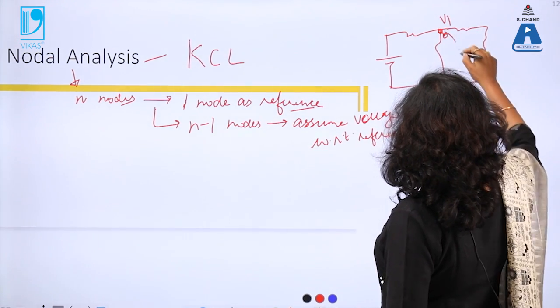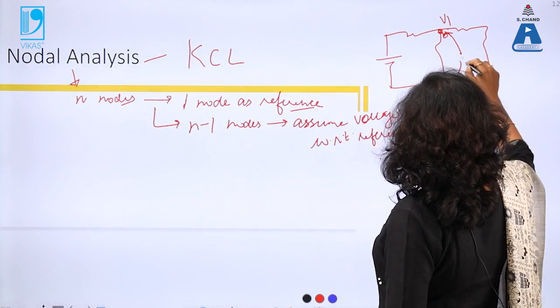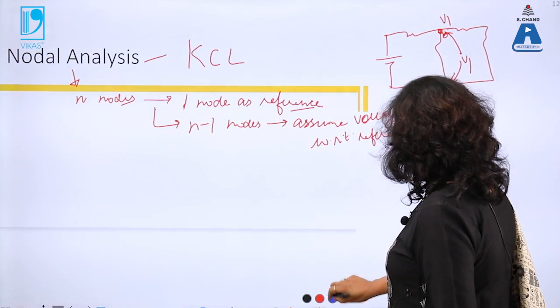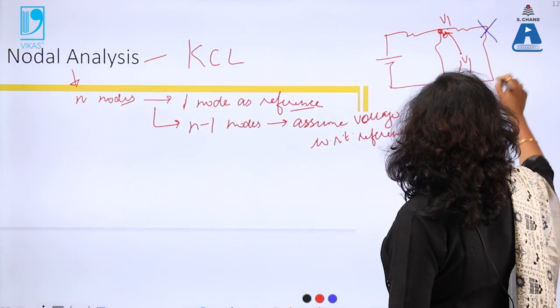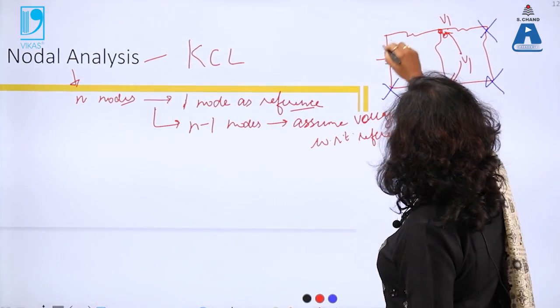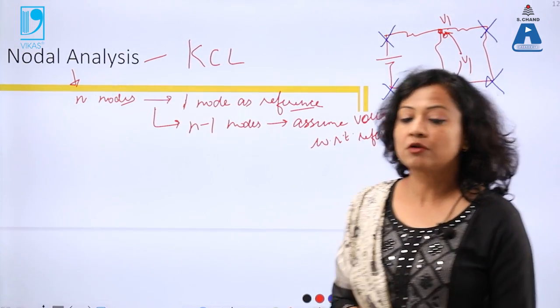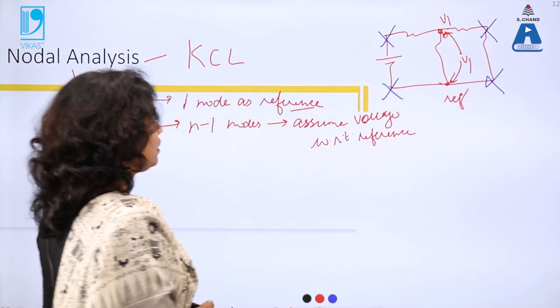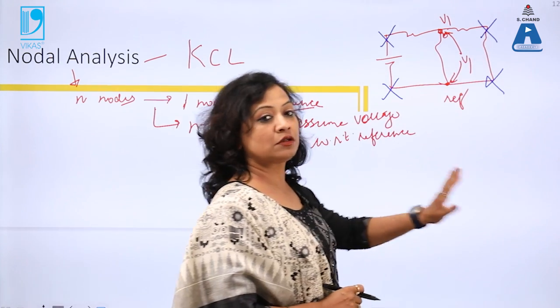So this V1 is between this node and the reference. This is not a node, this is not a node, this is not a node, and this is not a node. As per definition, a node is a point where three or more branches meet. So all these crosses are not nodes.